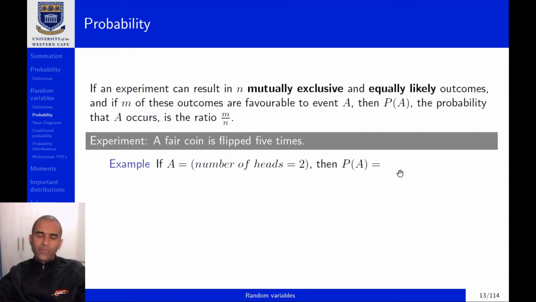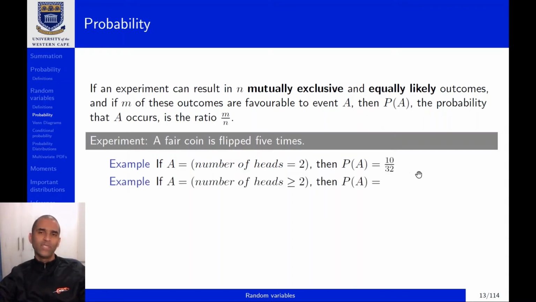And for any given event, we just need to determine m, the number of sample points that are favorable to that event. So with the number of heads being 2, all we need to do is count the number of ways we can observe 2 heads if we flip a coin 5 times. And the answer to that turns out to be 10.